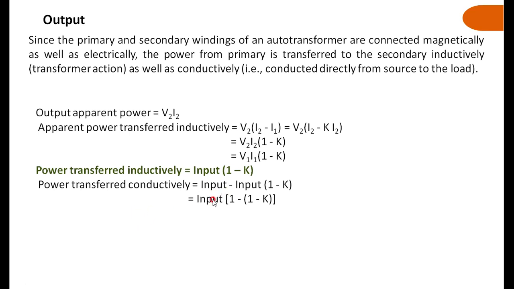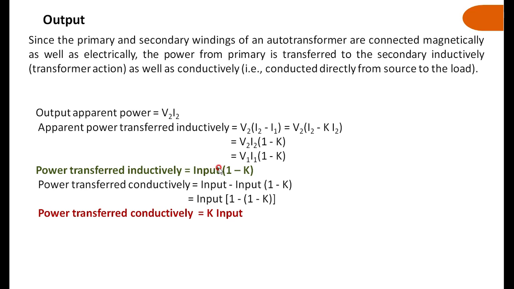Then input is common in both terms, so taking the input outside, what is left is 1 minus of 1 minus K. Simplifying, the power transferred conductively or electrically is K times input.